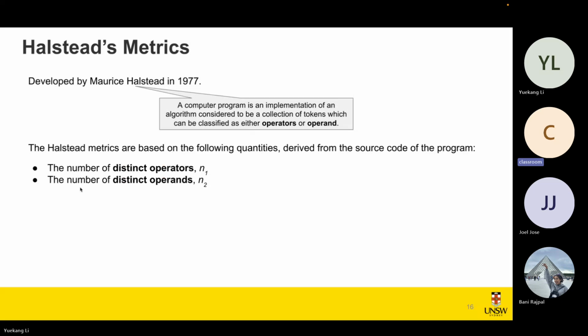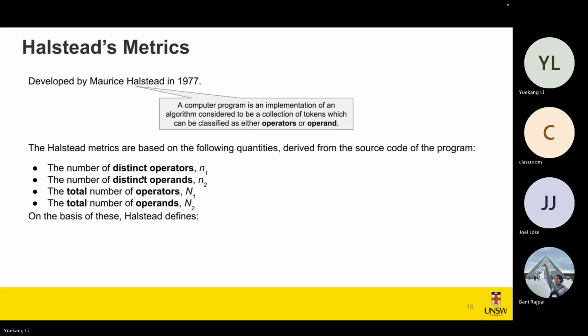We also need to calculate the number of distinct or unique operands, denoted with a lowercase n2. We also need the total number of operators, denoted with an uppercase N1, and the total number of operands, uppercase N2.